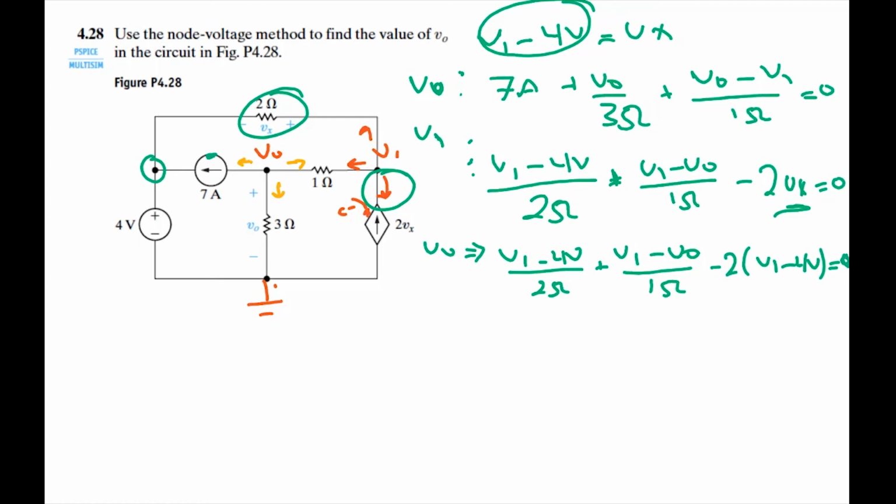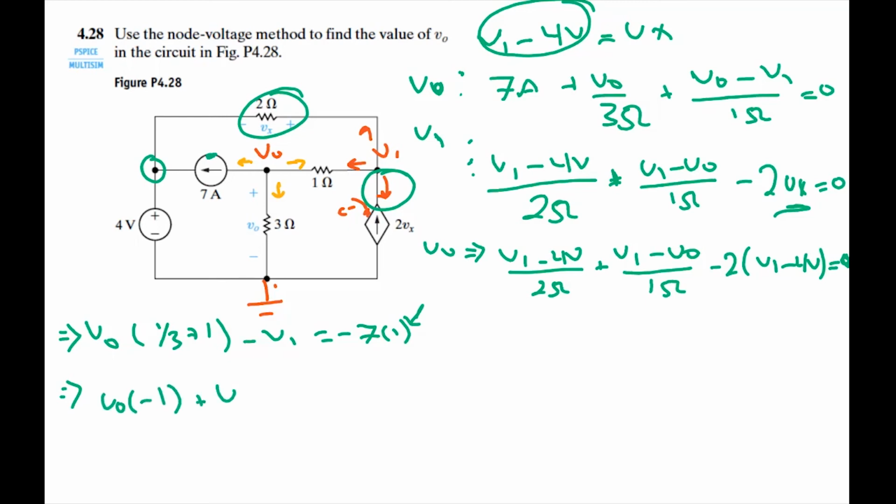So now we can start to simplify these equations into something like this. We'll call that equation 1, and this is equation 2. And then we'll simplify this further to here.